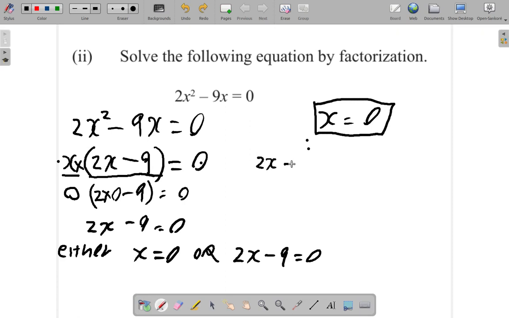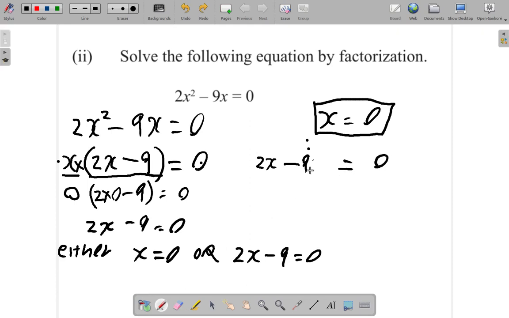If 2x minus 9 is equal to 0, then we add 9 to both sides, because we want x alone, to get rid of the 9 and get rid of the 2. Let me just make some space here.